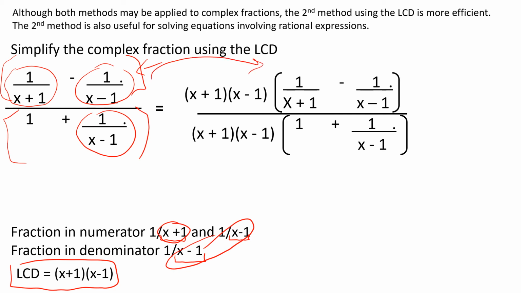All right, because I need to indicate that this entire LCD is being multiplied to everything in the numerator and everything in the denominator. Now that we've done that, we're going to go ahead and simplify or multiply. All right.